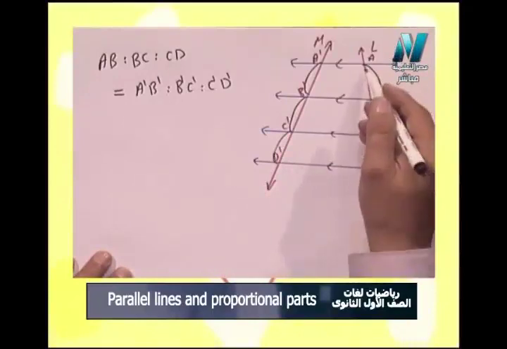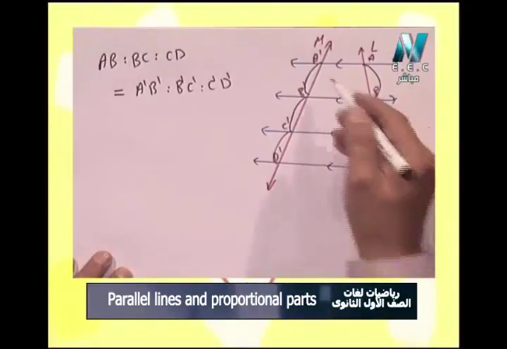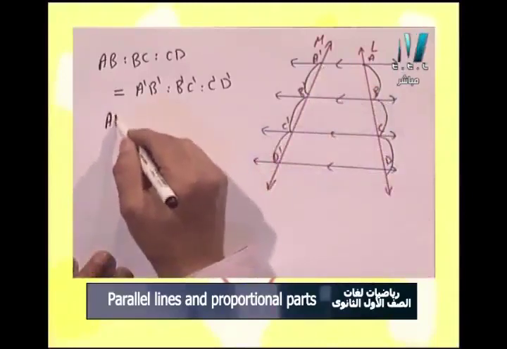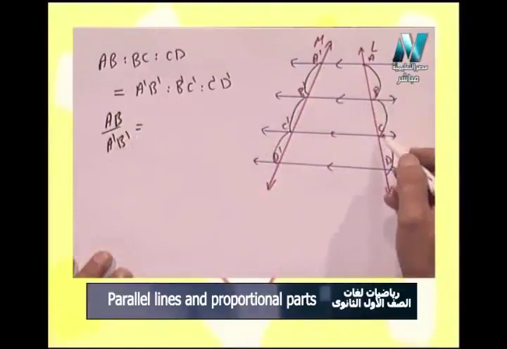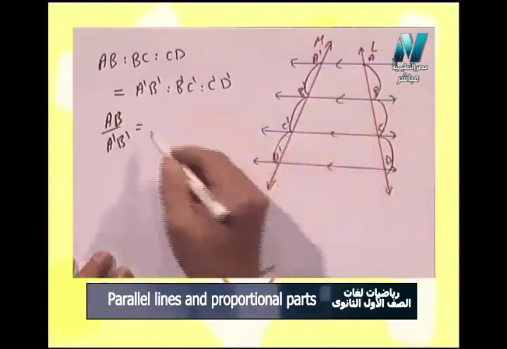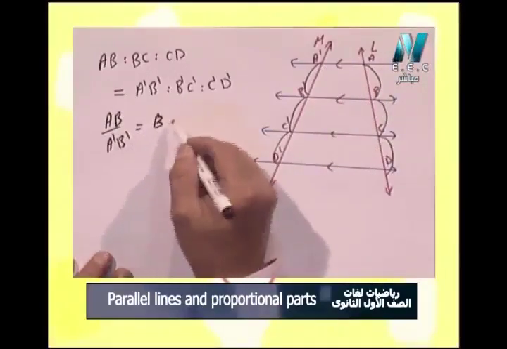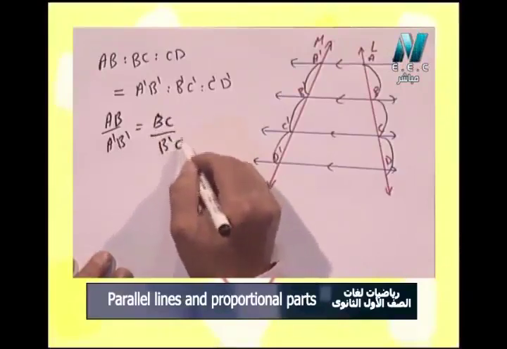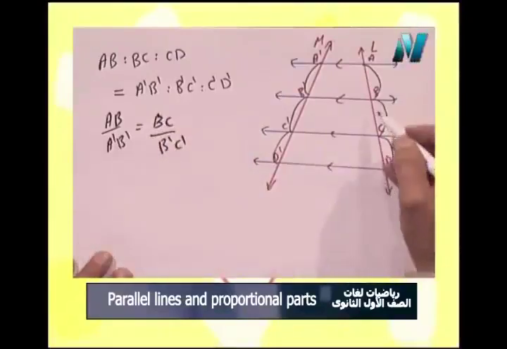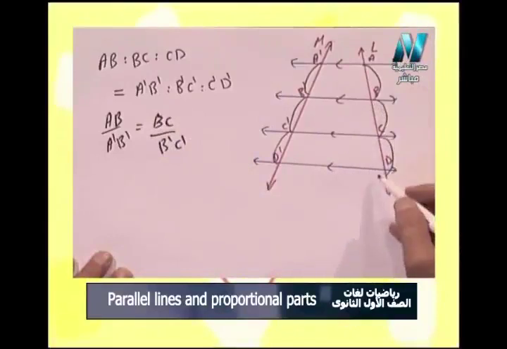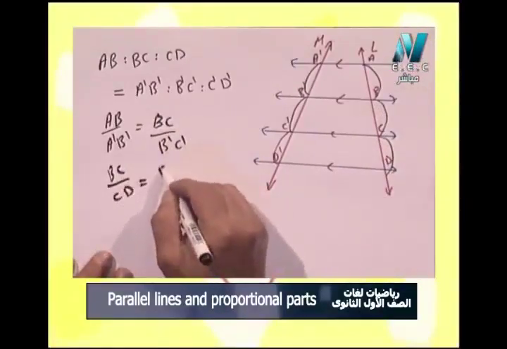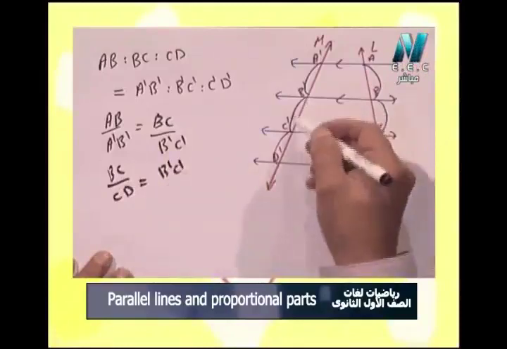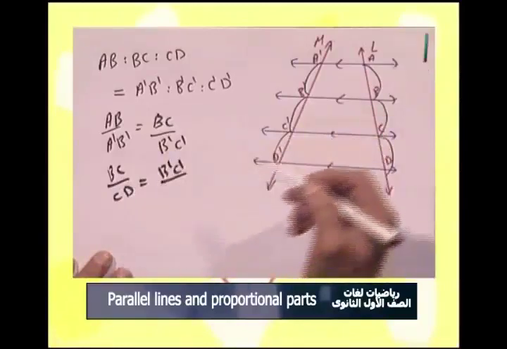So we can say that AB over A dash B dash equals BC over B dash C dash, and we can say that BC over CD equals B dash C dash over C dash D dash.